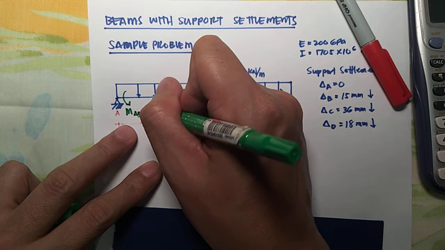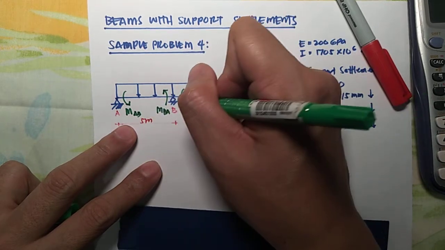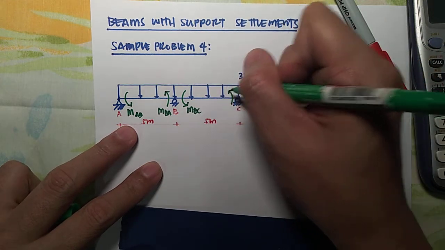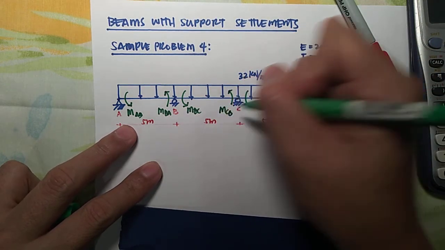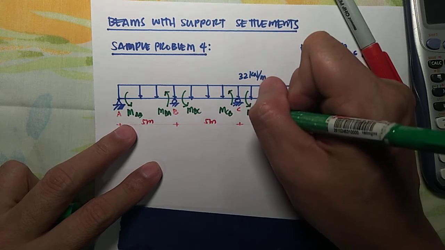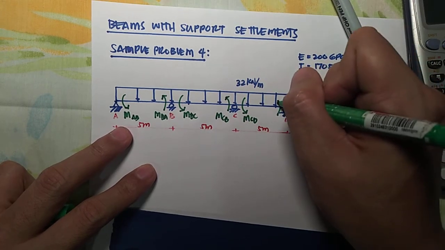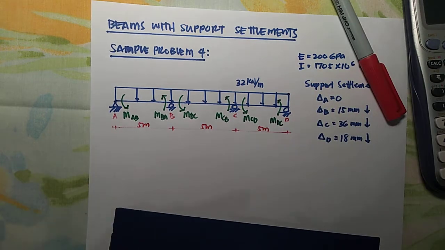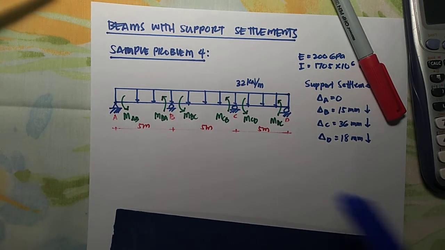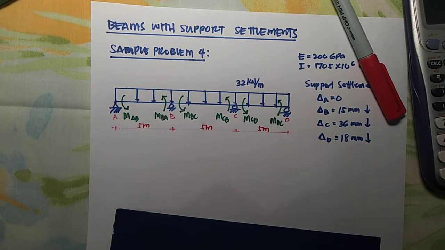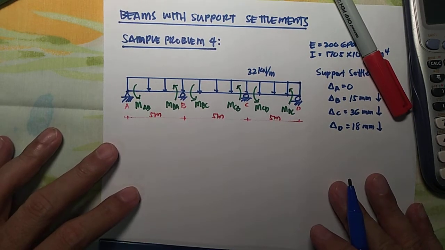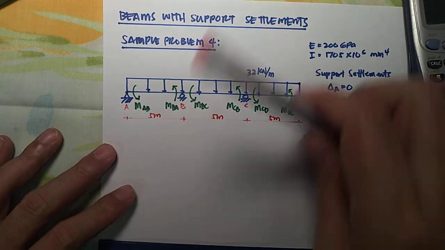This one is moment BA, moment BC, counterclockwise, moment CB, moment CD, and last is moment DC. Okay, so those are the member end moments.